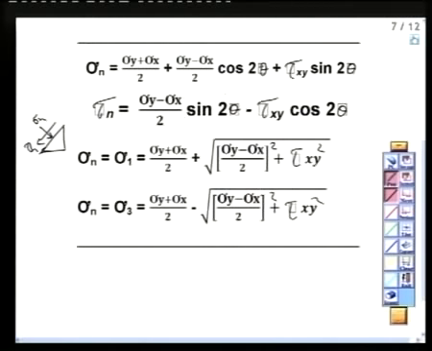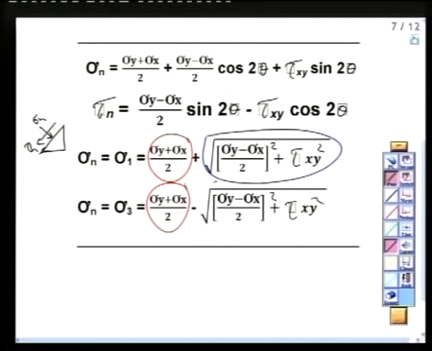This part and this part. They are the same. Sigma y plus sigma x divided by 2, in both, and the square root is the same, so their values are the same.